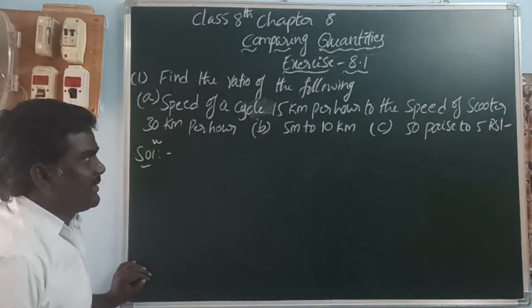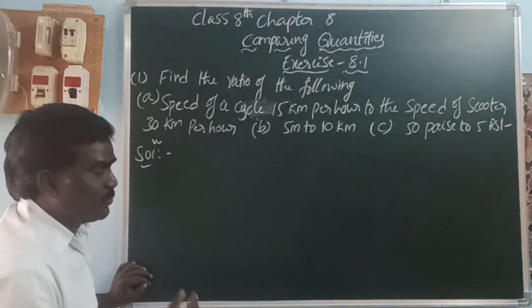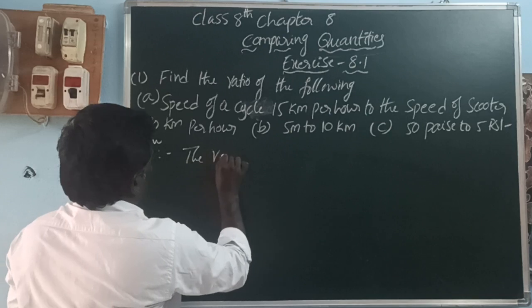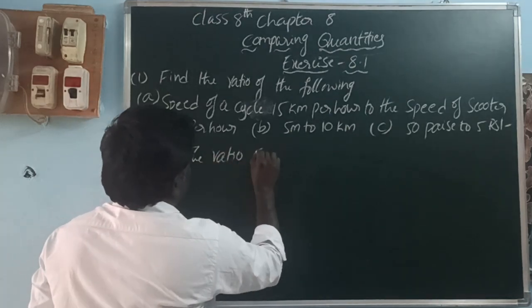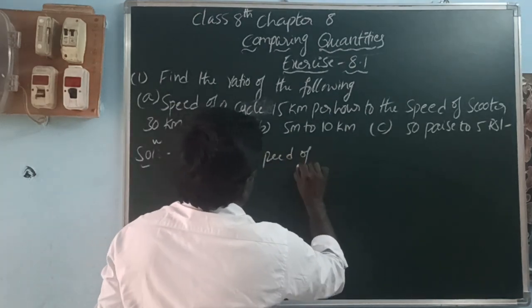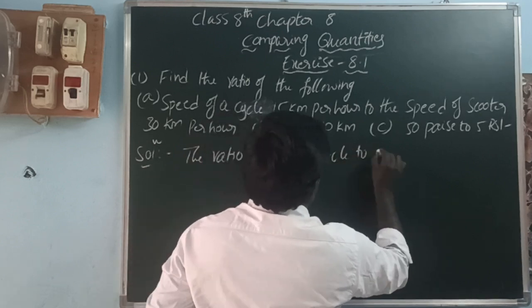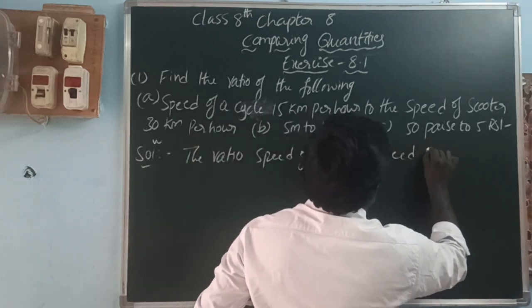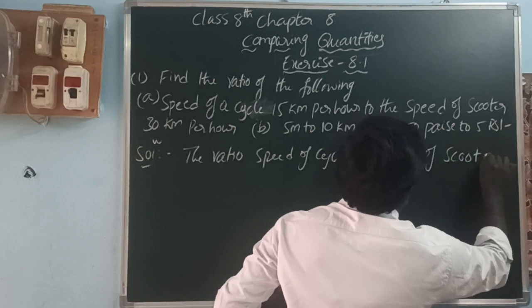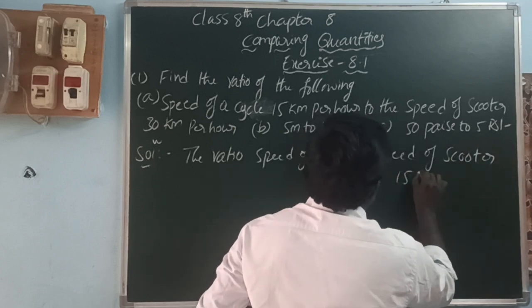The ratio of the speed of a cycle to the speed of a scooter is 15 is to 30.